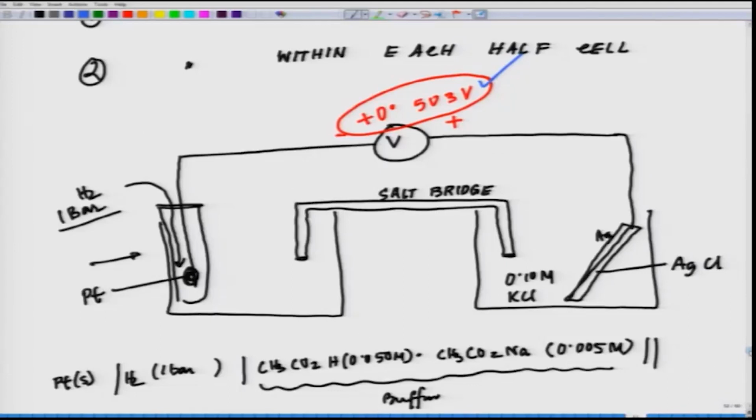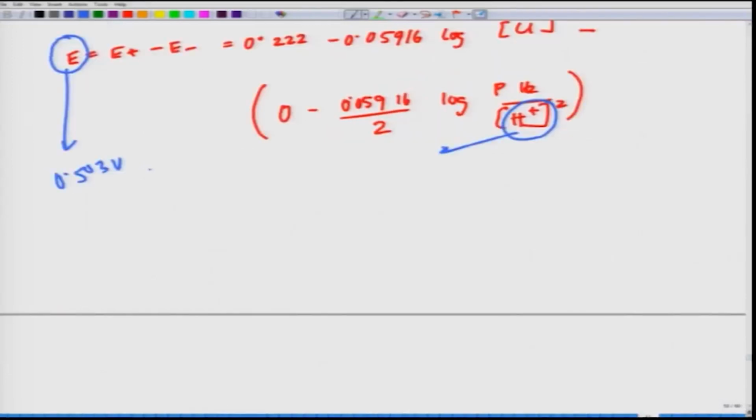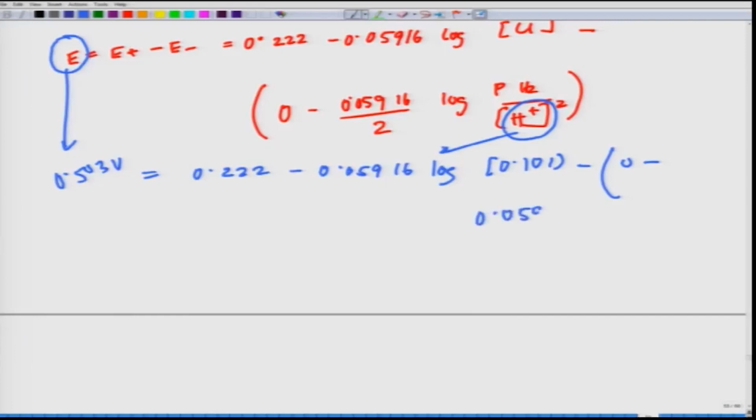Insert this value there and then pull down this whole thing: 0.222 minus 0.05916 log of 0.1, minus 0, minus 0.05916 divided by 2 log of 1.